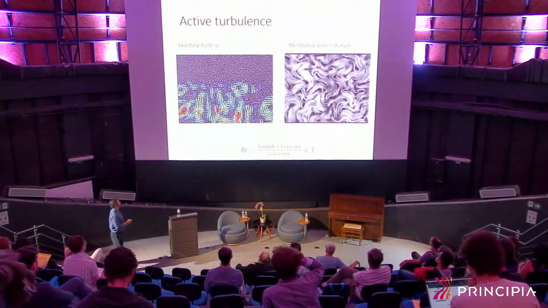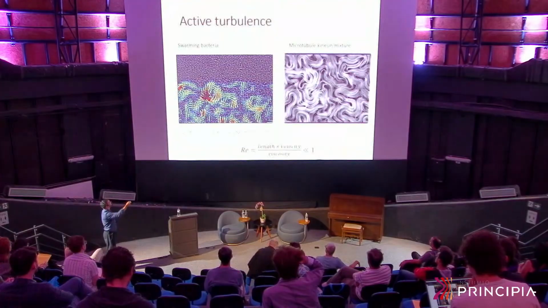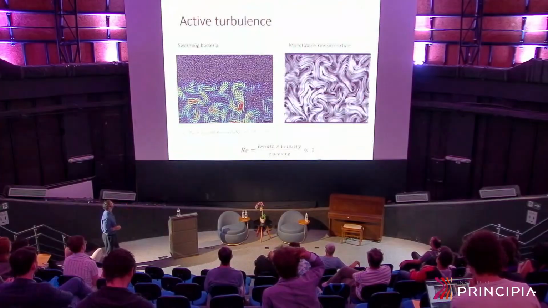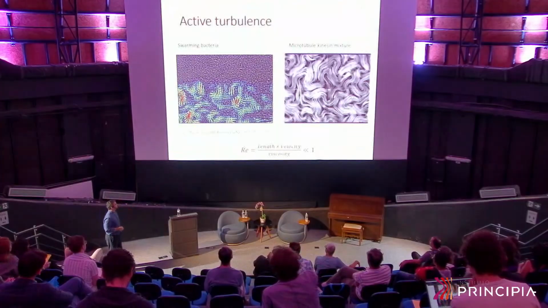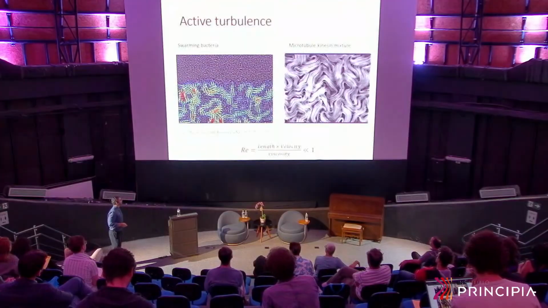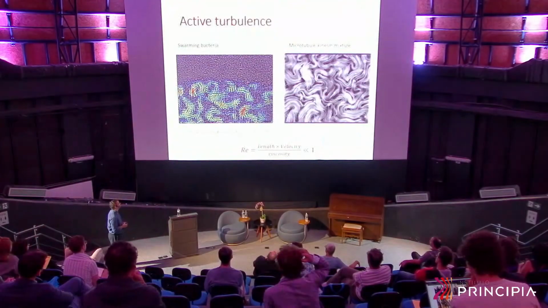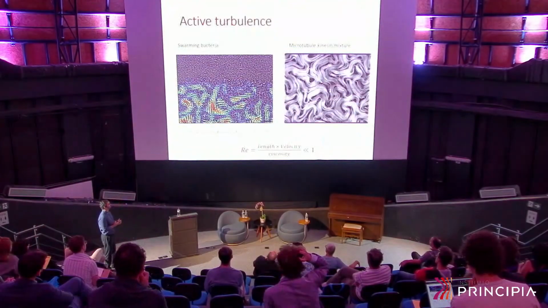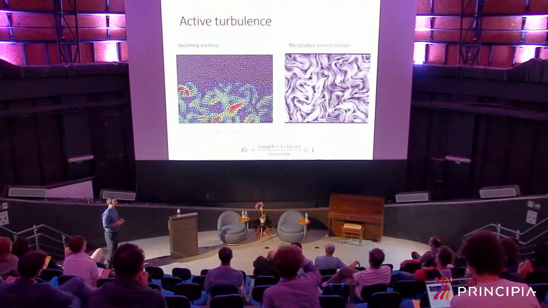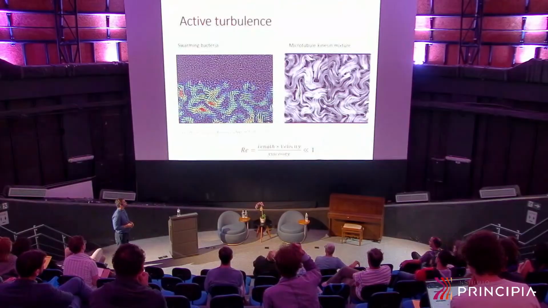As I mentioned, those colonies of bacteria or microtubule kinesin develop chaotic flows called active turbulence, and it occurs for small Reynolds numbers. So it's interesting, for instance, for mixing applications that I will mention at the end, because mixing is difficult to produce at small scales or in the Stokes regime.